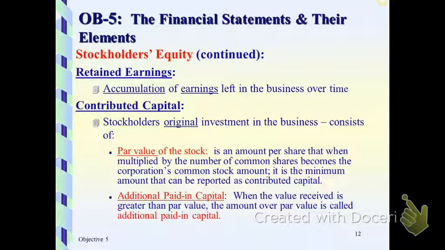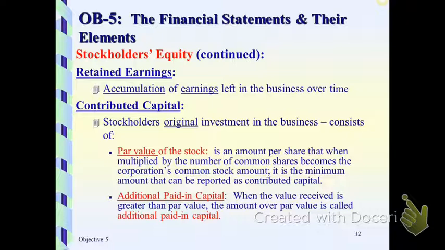The retained earnings of a corporation are just what they sound like, the accumulation of the earnings that are left in the business over time. The contributed capital, however, is the stockholders' original investment in the business, and it consists of two primary things: the par value of the stock and any additional paid-in capital.